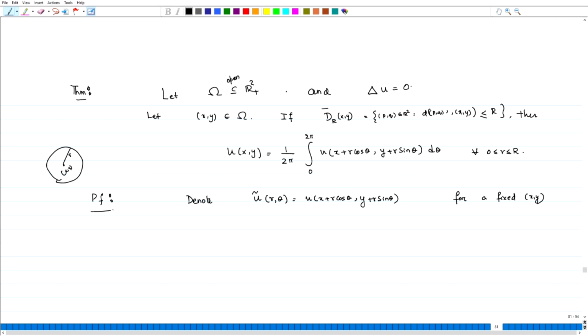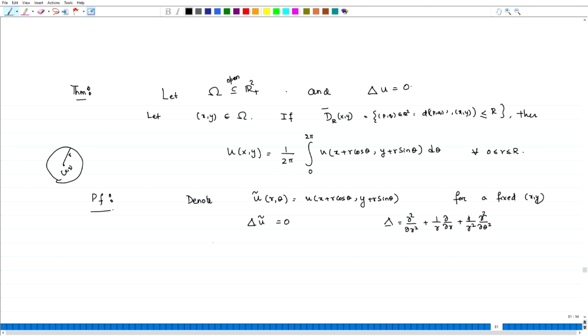So, now we know delta of u tilde, and if from the Cartesian coordinates we write the Laplacian in polar coordinates, delta is equal to del square by del r square plus 1 by r del by del r plus 1 by r square del square by del theta square.